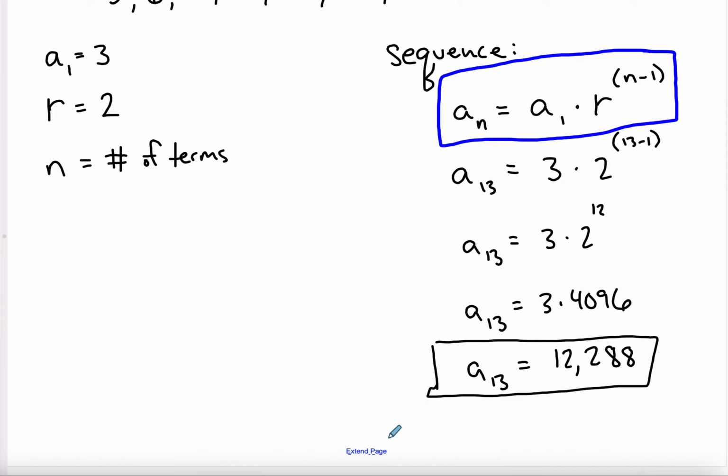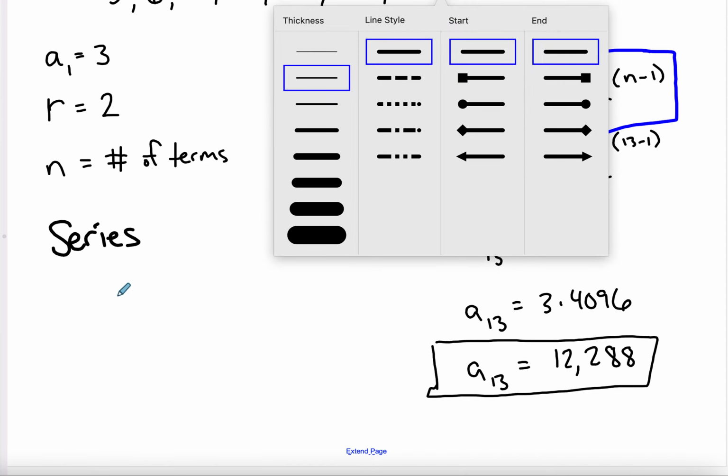Next is for a series, and maybe I'll write it down here, series. So this is the sum, right? Not just what is the number value at the 13th place, but what is the sum of the first, second, third, fourth, fifth, all the way to 13th term. If I add those all together, we have another formula for that.